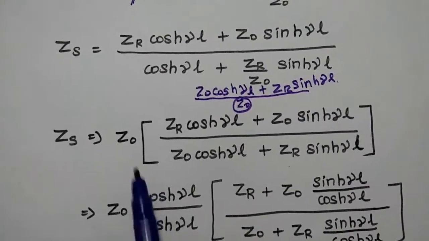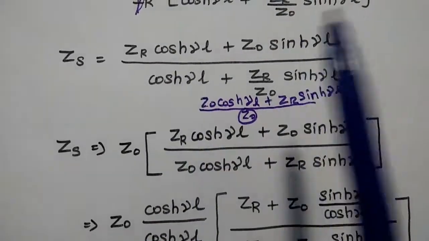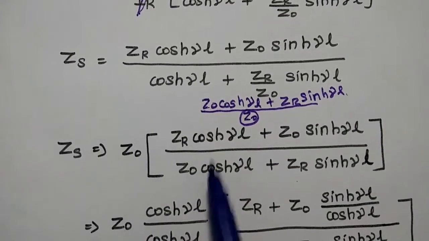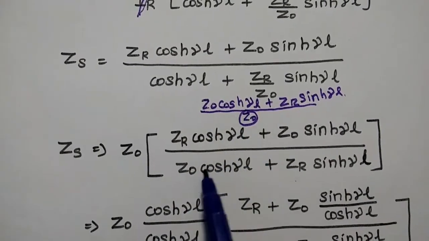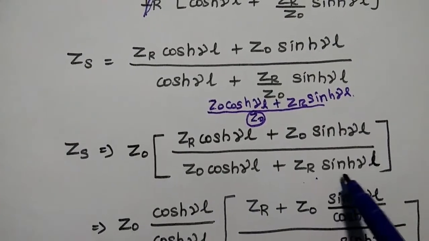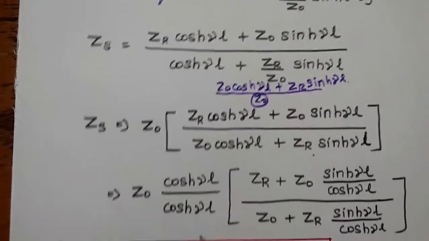So the numerator is multiplied with the term Z0. The denominator becomes Z0 cosh γL plus Zr sinh γL.